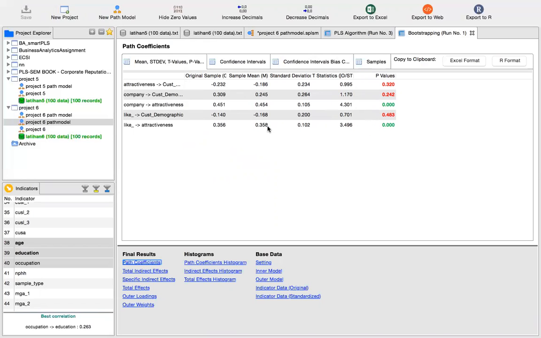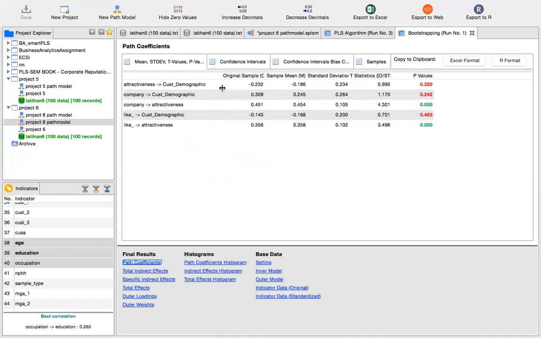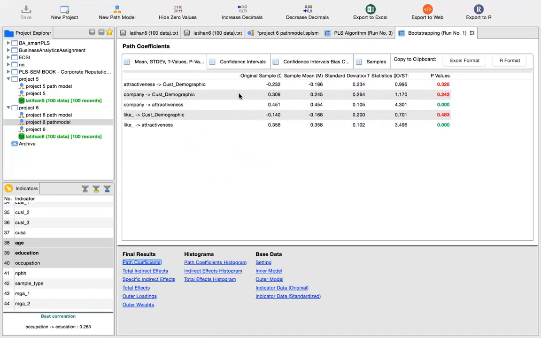In this case, however, we only focus on the data that links to customer demographic. If you take a look at the data, there are only 3 that connect or are linked to customer demographic. So we only focus on these 3.